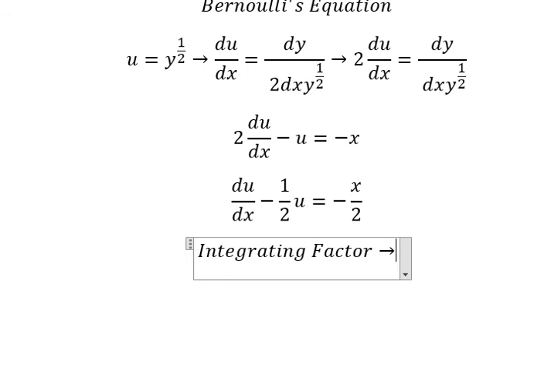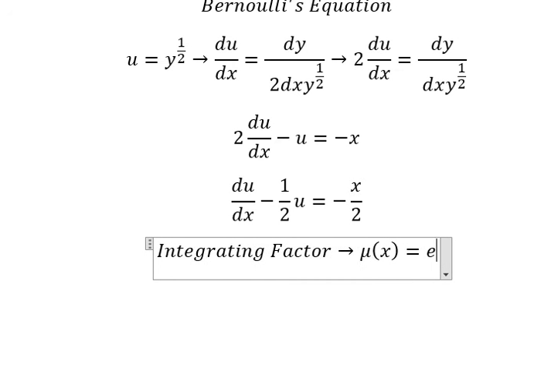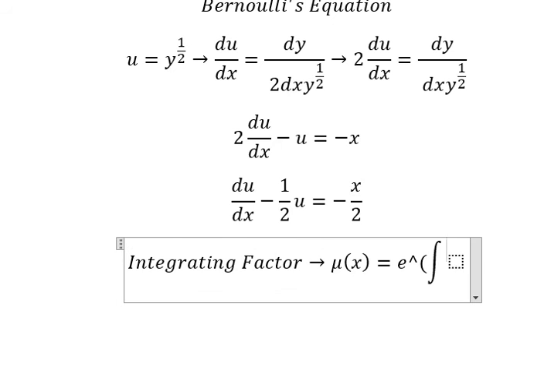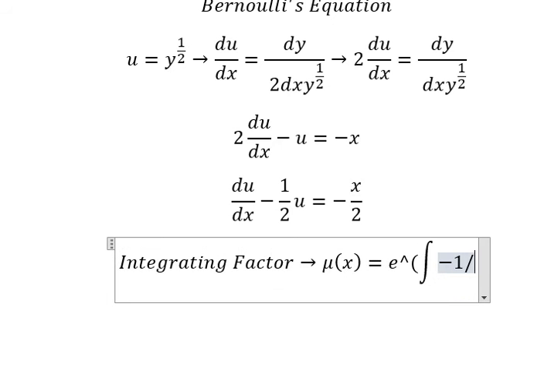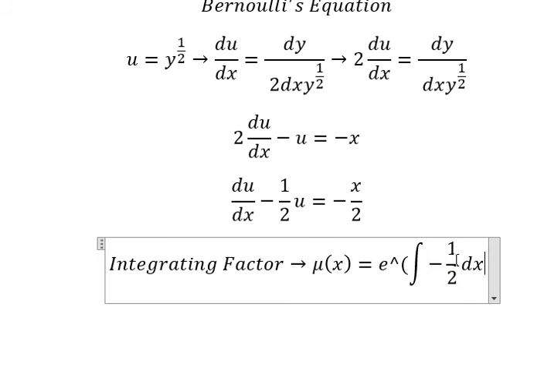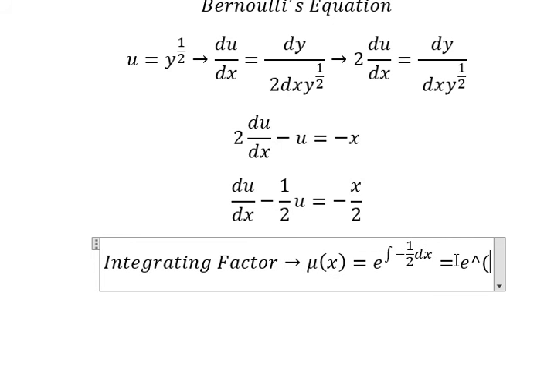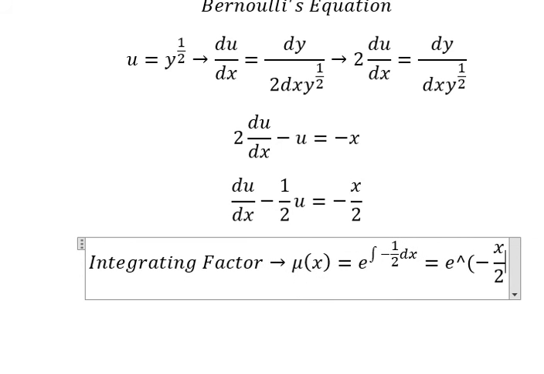So we need to find mu of s equals e to the power of the integration of negative 1 over 2 ds. So we will have e to the power of negative s over 2.